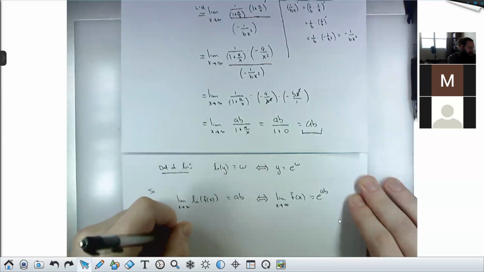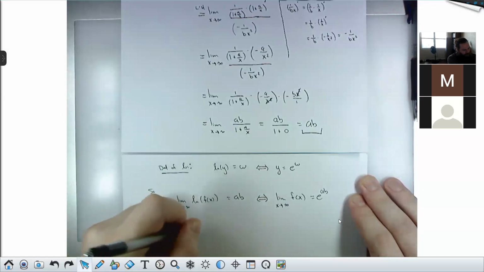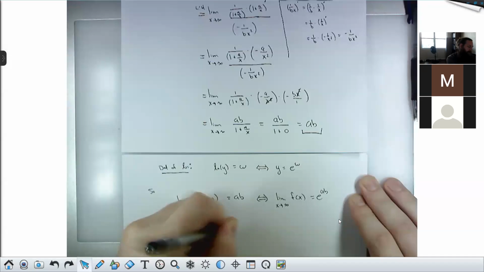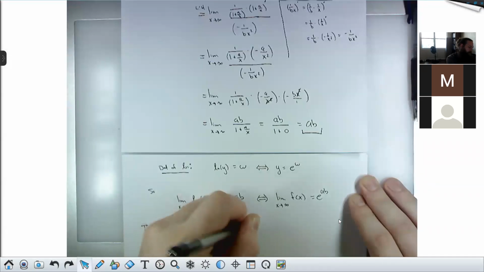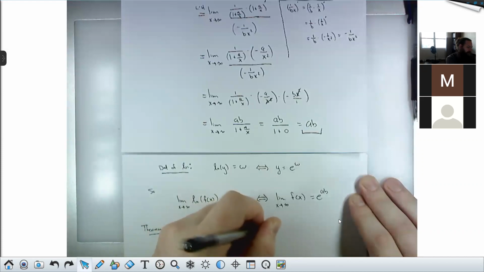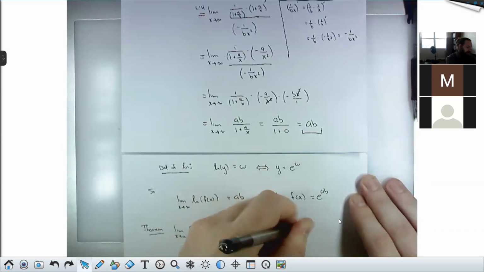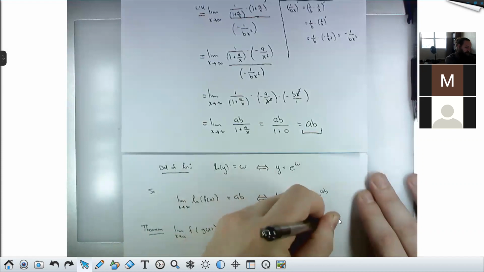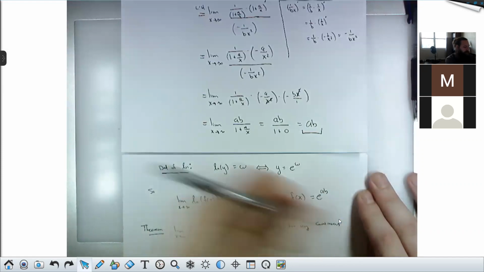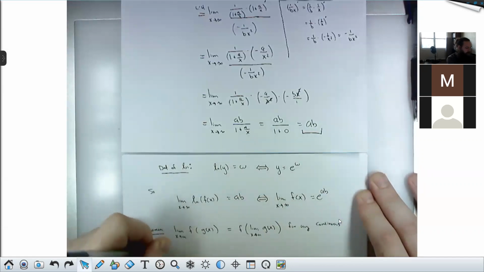The limit as x goes to a of f of g of x is going to be the same as f of the limit as x goes to a of g of x for any continuous function f.